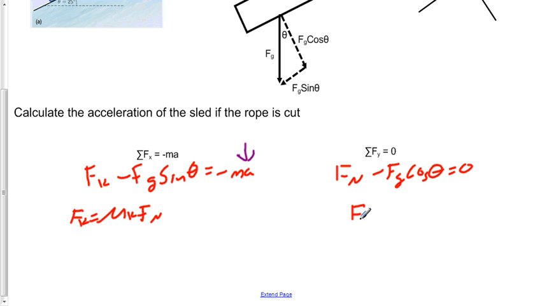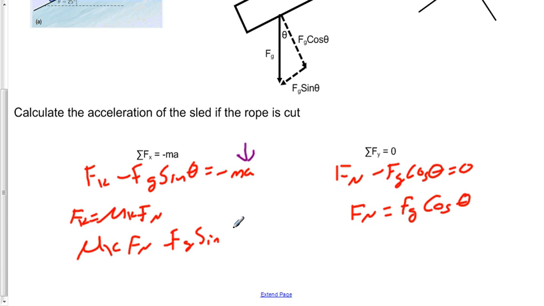So this one's going to be Fn equals Fg cosine of theta. And I know that Fk is mu k Fn, so I can write the x component as mu k Fn minus Fg sine theta equals negative ma.